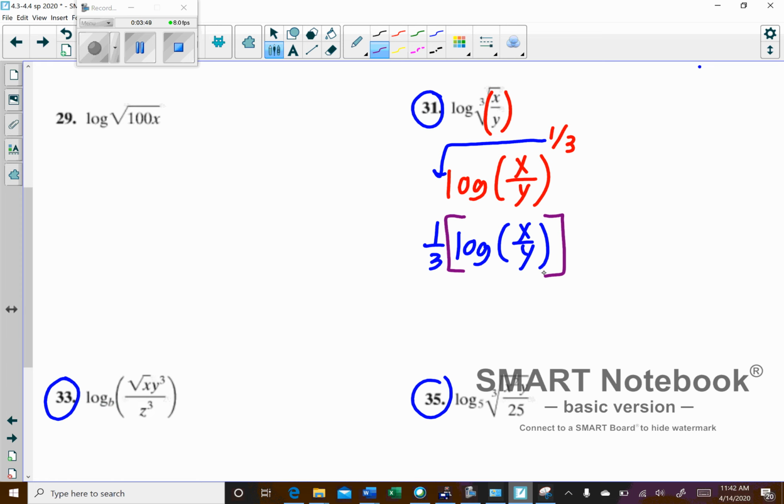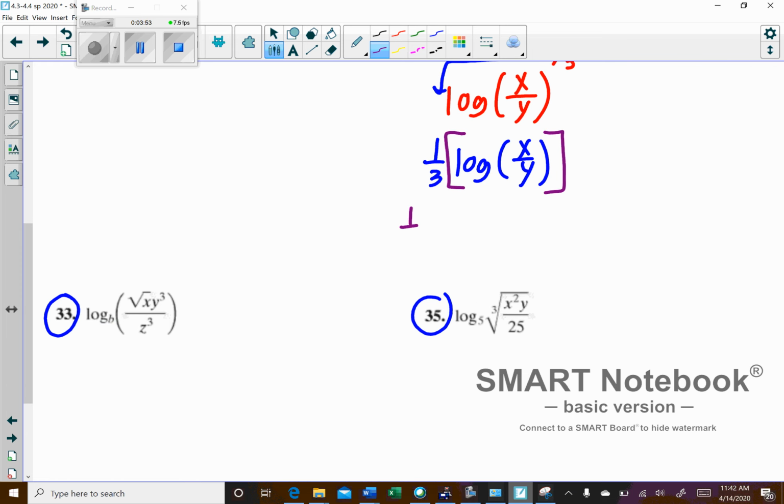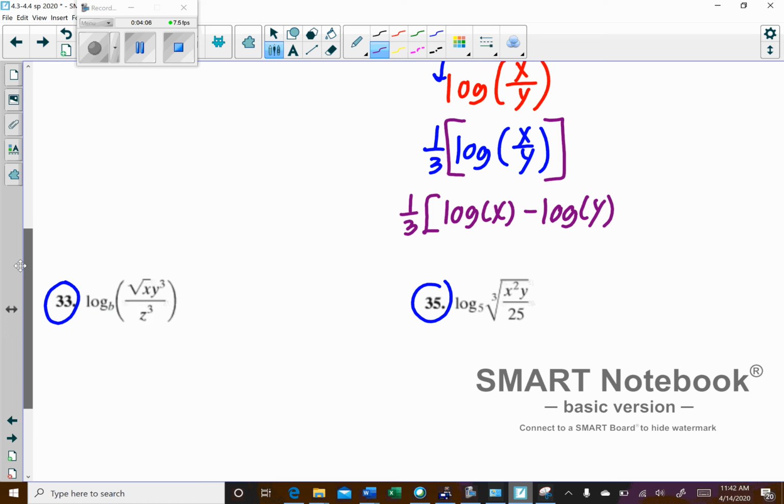So I have my 1/3, and then I'm going to break this into log of x minus log of y. My base is just understood as 10, so I don't have to list it.